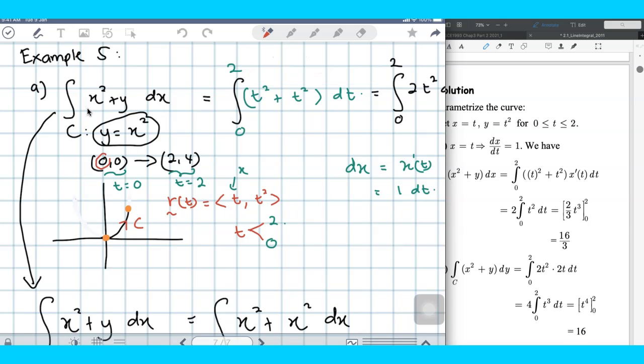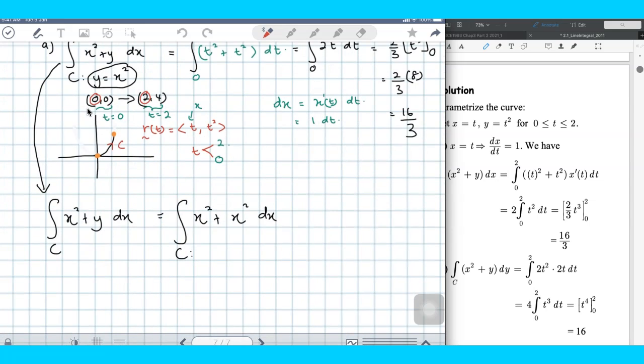Your x is 0 to 2. So you have 2x squared dx from 0 to 2, which is 2 over 3 x cubed from 0 to 2, and you get 16 over 3.